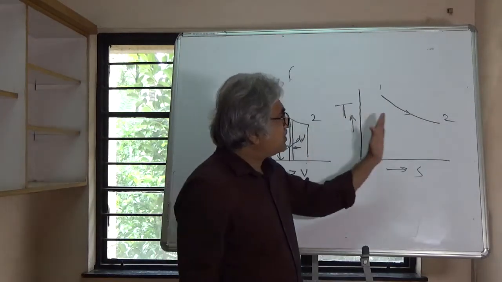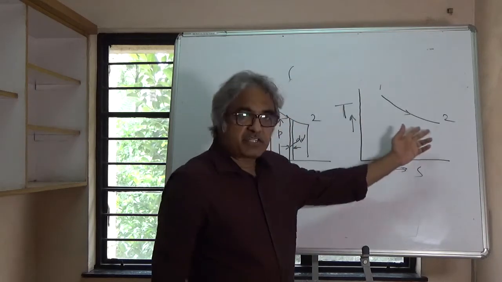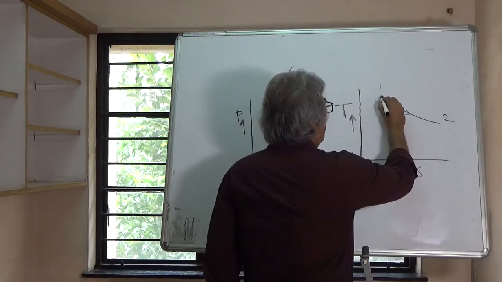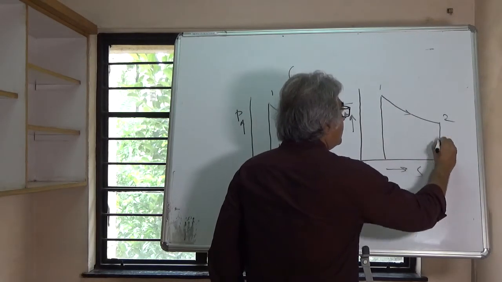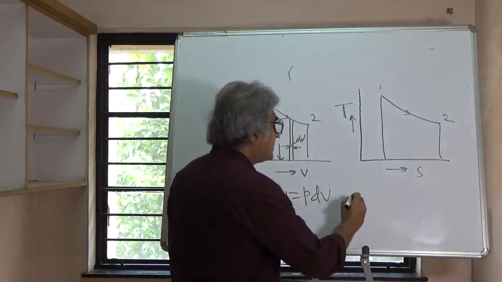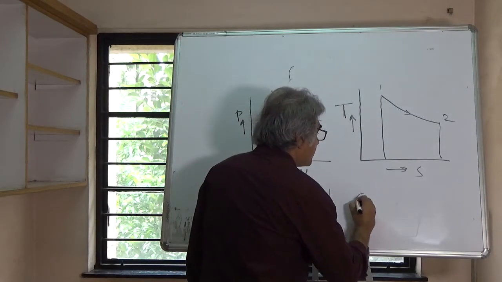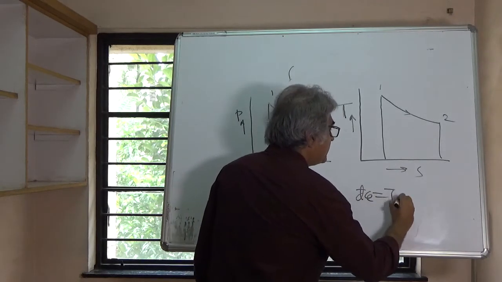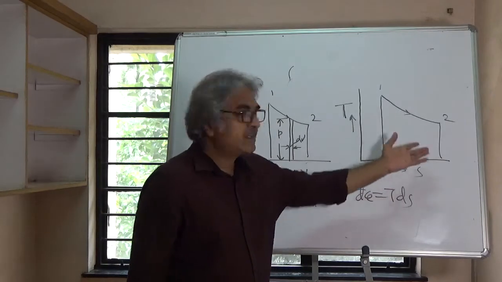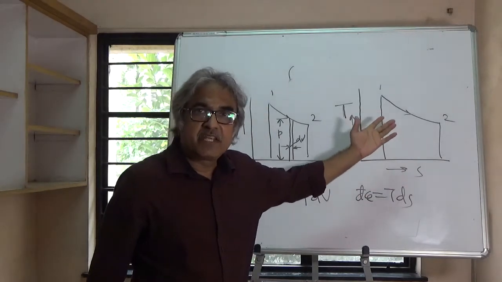Now this process where we show temperature is dropping, entropy is increasing, right? And what will be the area under the curve? The area under the curve will be heat transfer, because we just said that dQ is TdS, isn't it? dQ is TdS.